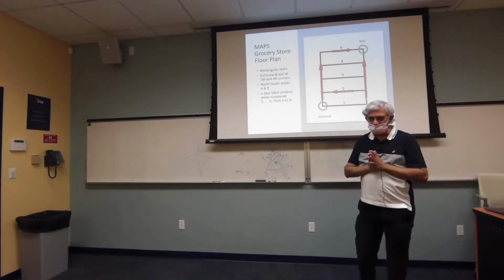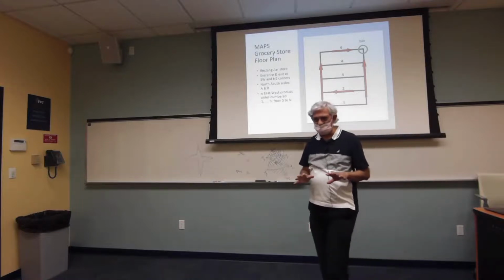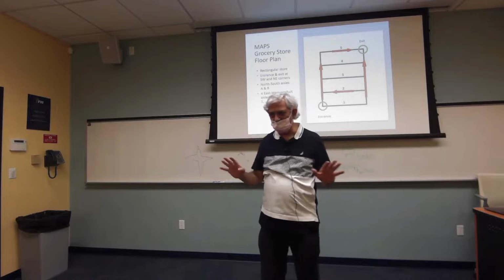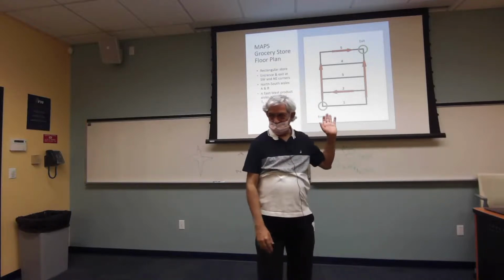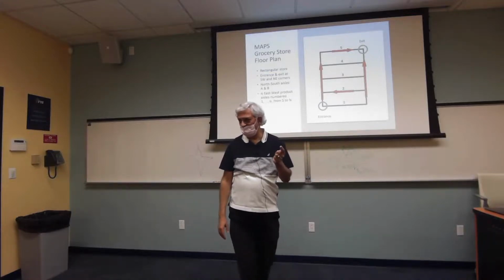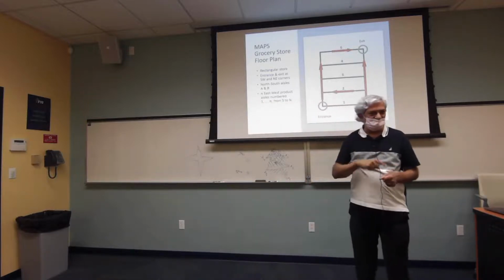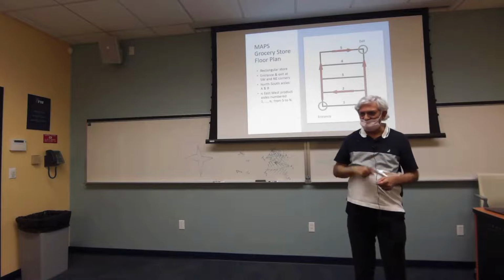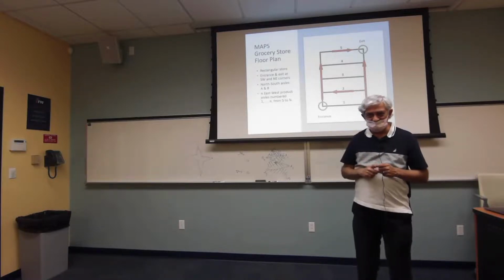Your job is to finish the work and put in the rest of the arrows so that people can visit each of the aisles and please get out of the store eventually. Right? We don't want the arrows to be in such a way that they just keep running around and get lost. Does that make sense?